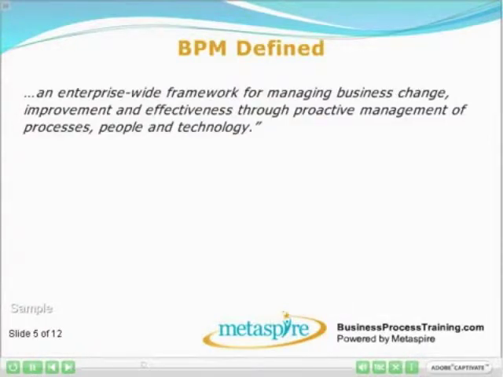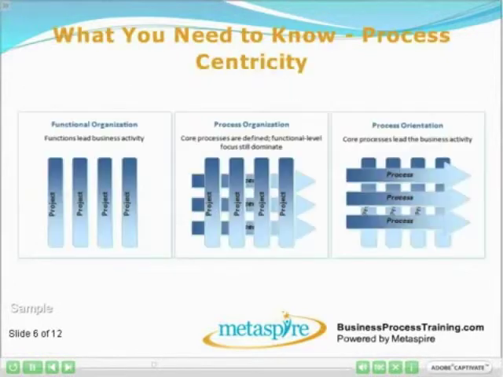For our purposes, let's consider a common definition of BPM as an enterprise-wide framework for managing business change, improvement, and effectiveness through proactive management of process, people, and technology. The primary benefit to BPM is that it can be applied to virtually all industries. The graphics on this slide show the movement from vertical to horizontal thinking.